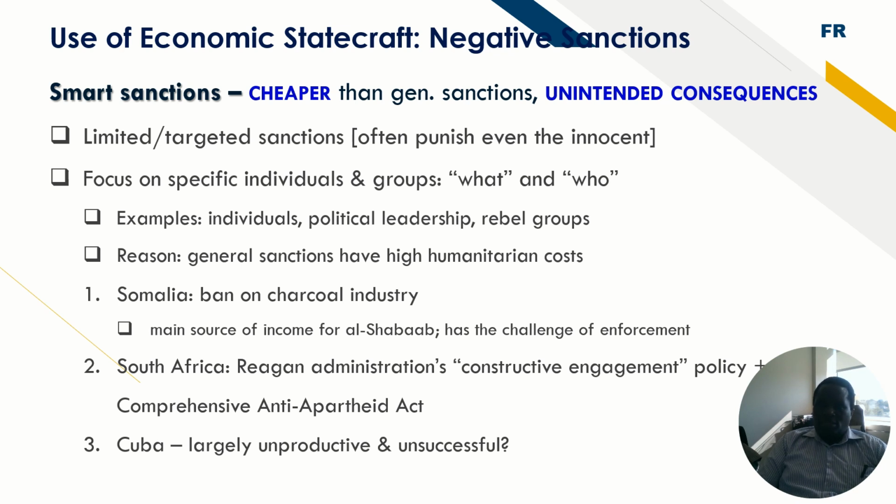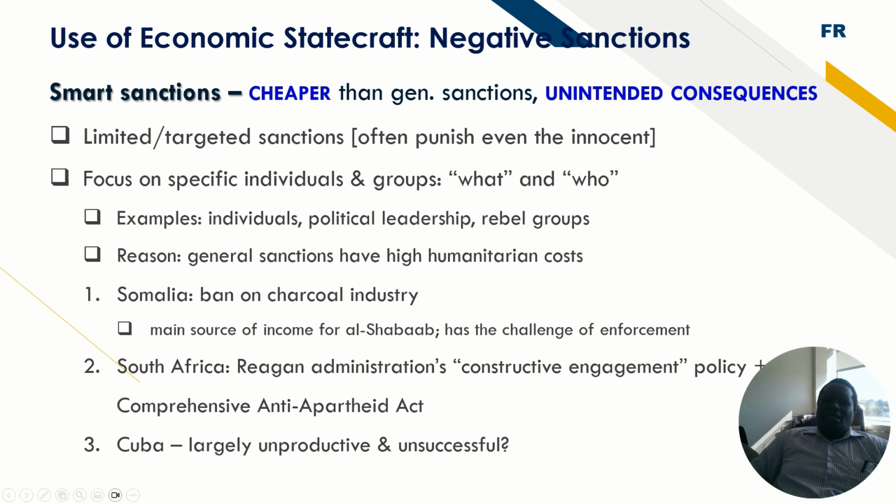Almost always when a state imposes sanctions on another, particularly with products, it's often the citizenry that hurts. So for example, imposition on medicines or those kinds of things, and they do not always hurt the intended groups. And so, for example, the Somalia ban on the charcoal industry hurts the ability of poor populations to access nutrition and so on.